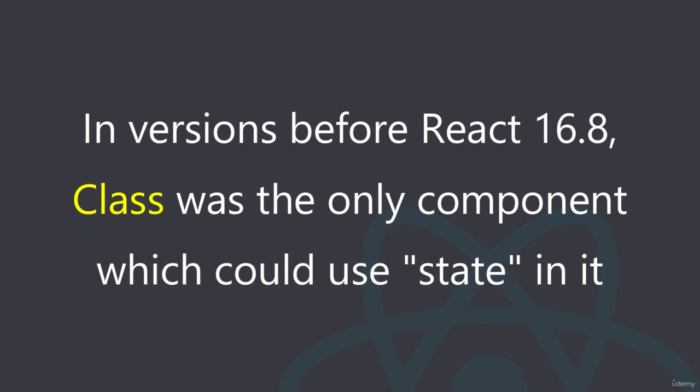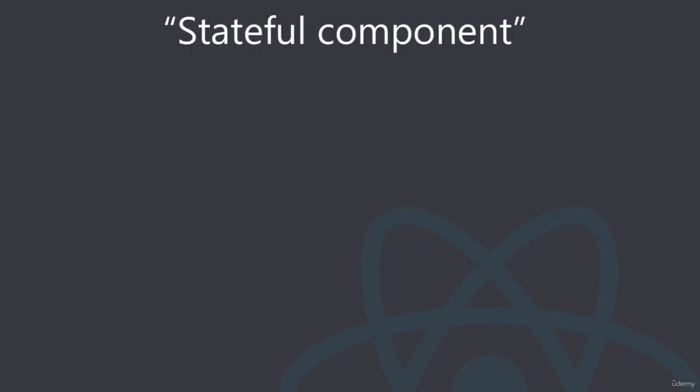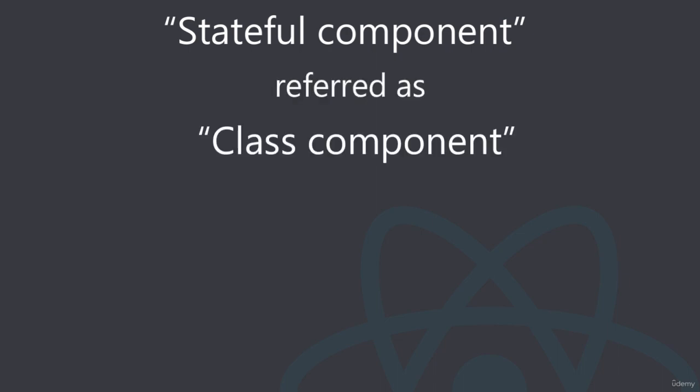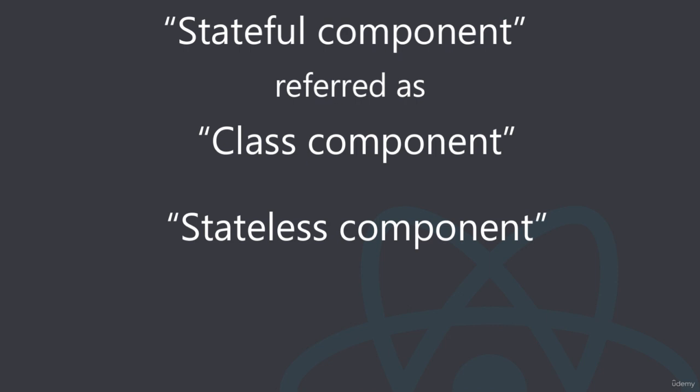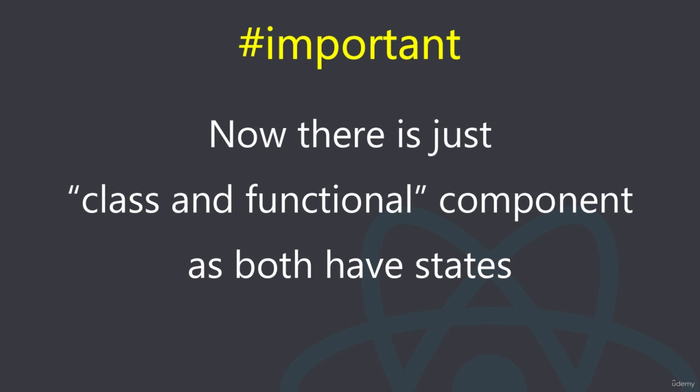But after React 16.8, even the functional component can have states. So earlier, stateful component referred to class component, and stateless component referred to functional component. But now there is just class and functional component, as both have states.